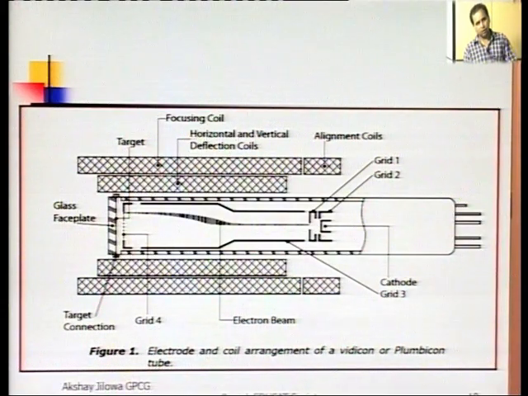The current in the horizontal deflection coil keeps on varying so that the beam spot can move from left to right, but the current in the vertical deflection coil remains almost the same, though it varies a little bit, so that it comes down a little, because these scanning lines are not perfectly horizontal, they are a little inclined downward. So it is able to scan the next line. This is the purpose of these various coils being here.